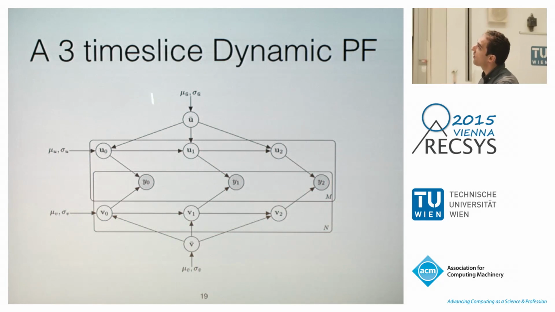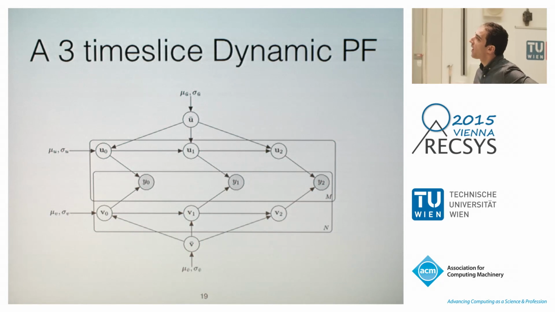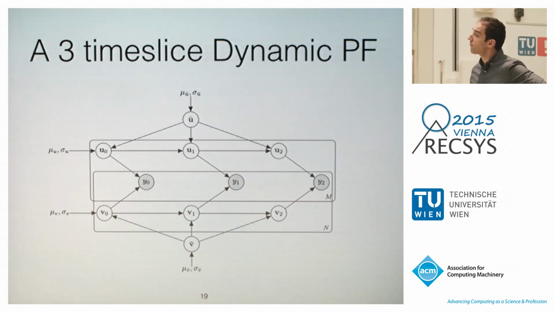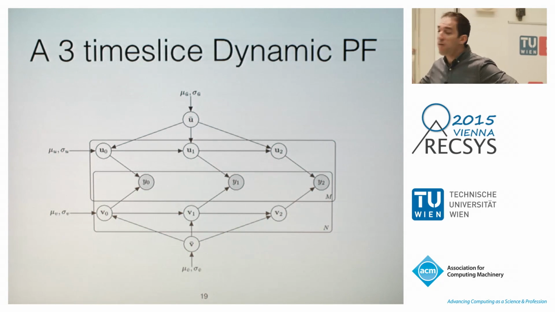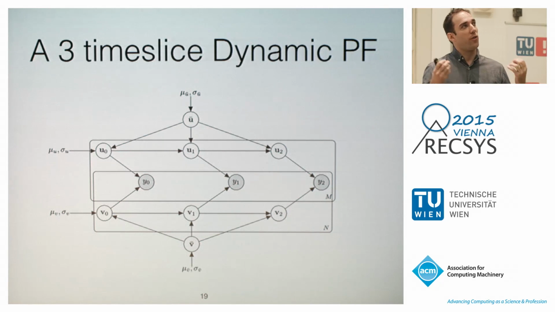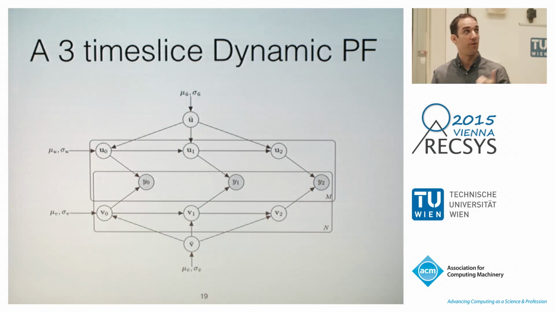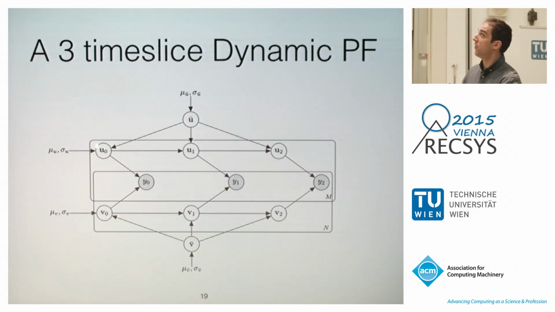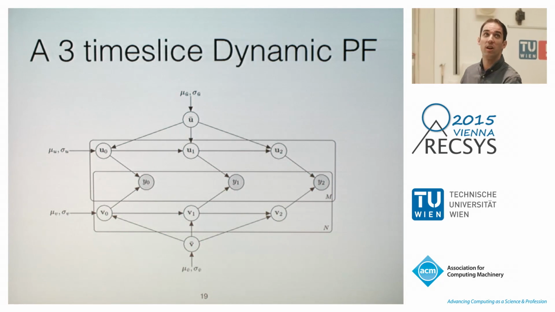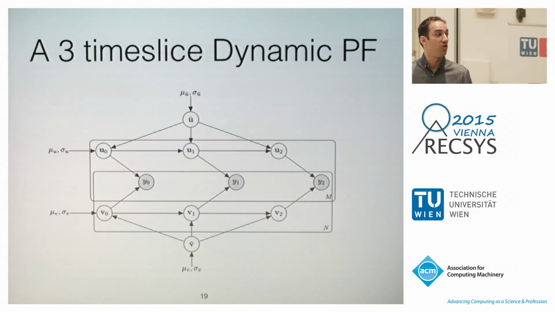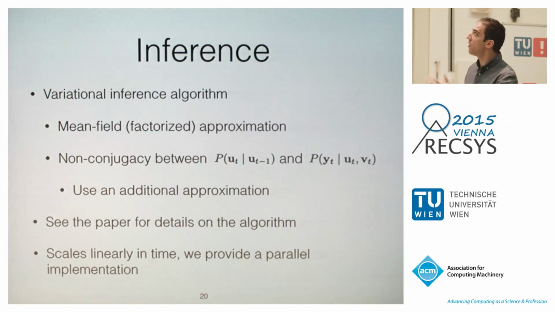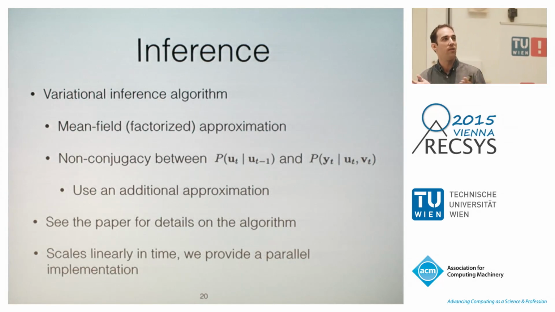One reason I'm showing this is to talk a little bit about inference. In a graphical model, the crux of inference is to evaluate the posteriors of the latent variables given the observed variables, so basically the distributions of the white nodes given the shaded nodes. I won't go into too much detail, but there are several ways of doing this.